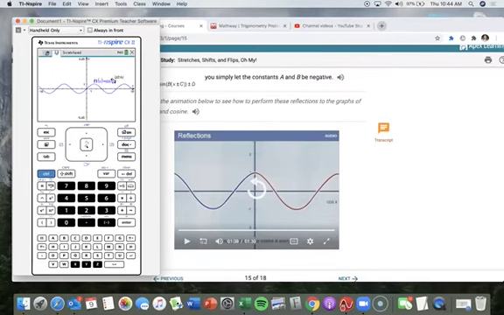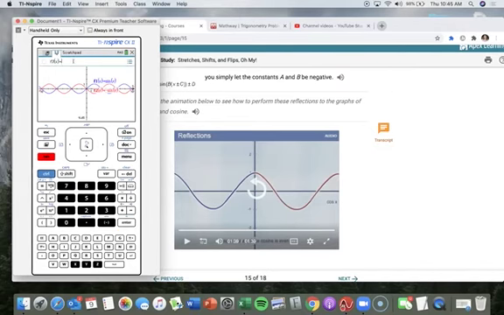All right, so I have f of x is sine of x. That's my original function in blue. If I were to type in negative sine of x, notice it is reflected across one of our axes.